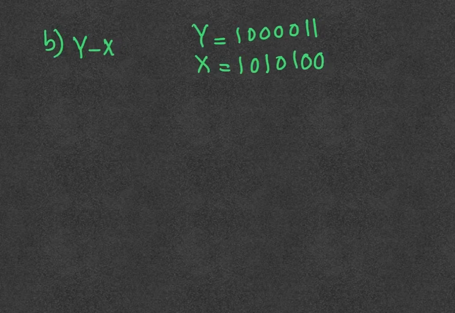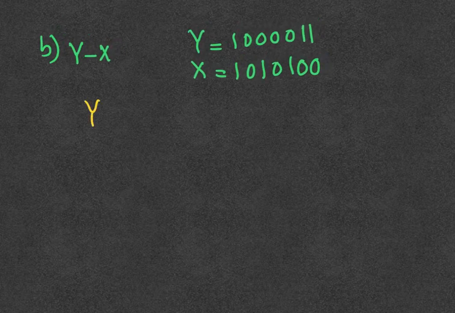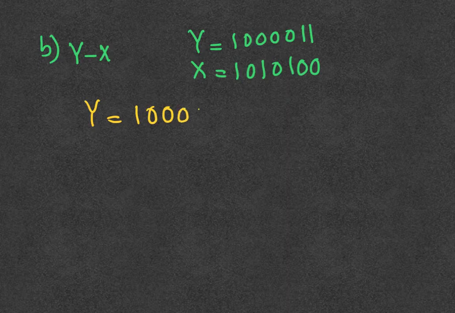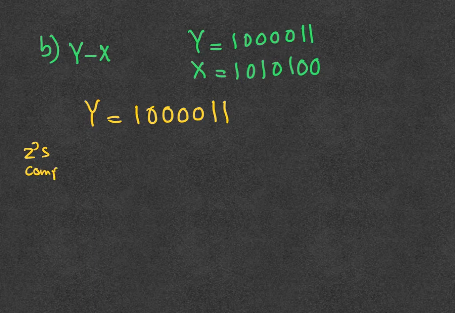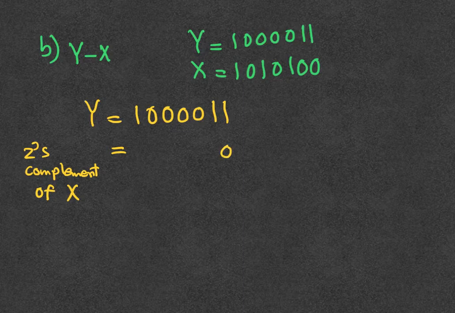You just write down your y, and then you're going to have the 2's complement of your x. So you're going to have the 1's complement plus 1.